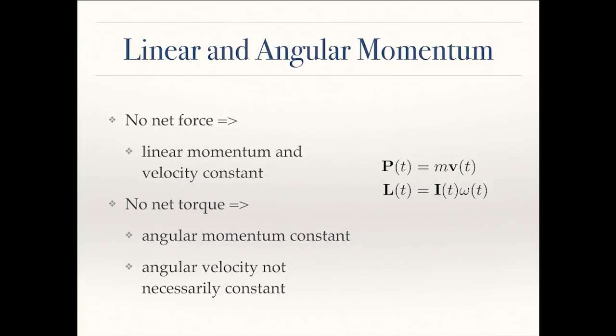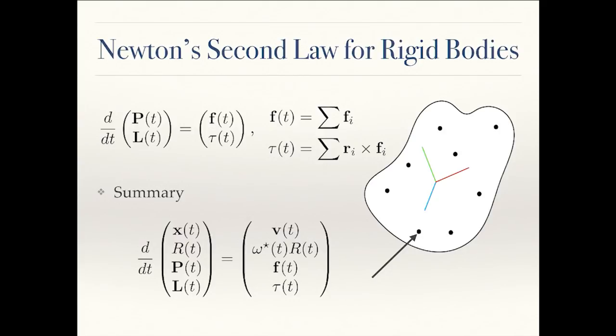You could argue whether it's intuitive or not. There are some cases where we're used to seeing that, but definitely thinking about rotations is a little harder than linear components. Okay, so this is a summary of what Newton's second law for rigid bodies looks like.